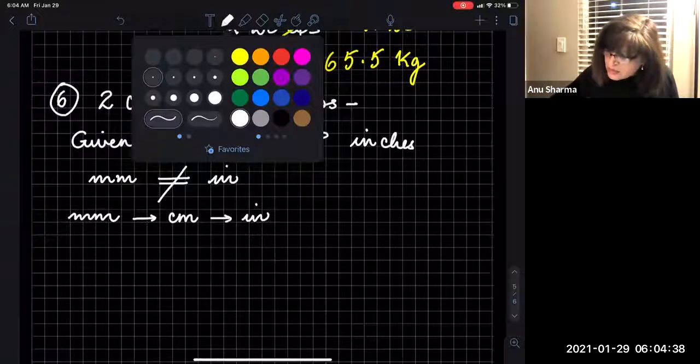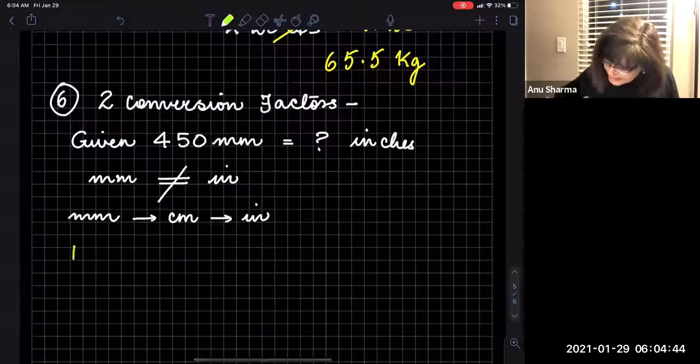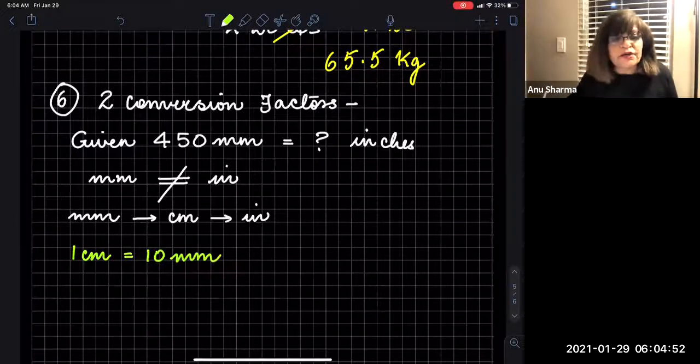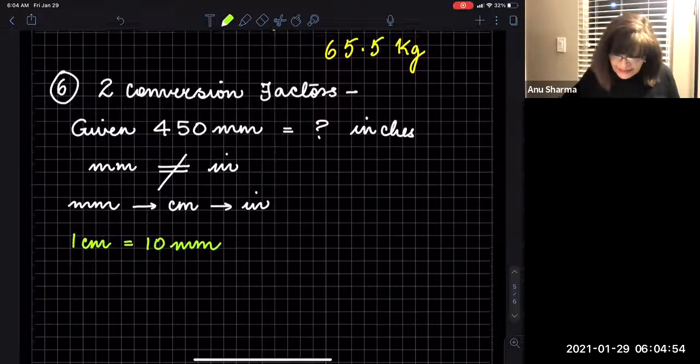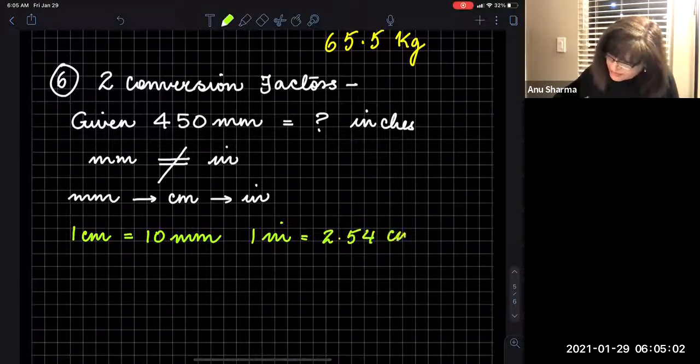Okay, so now what are those equalities that are known? So what do we know? We know that 1 centimeter is equal to 10 millimeters. The second thing that is known is 1 inch is equal to 2.54 centimeters.